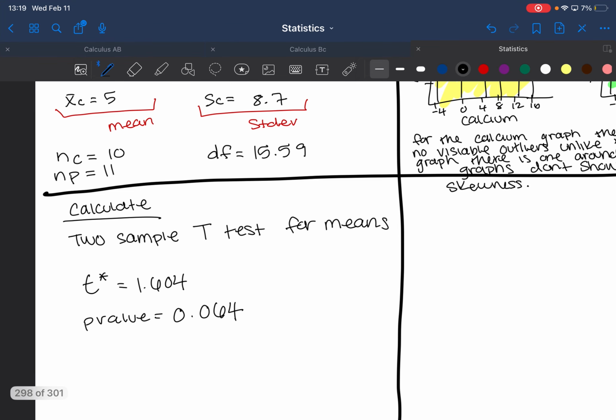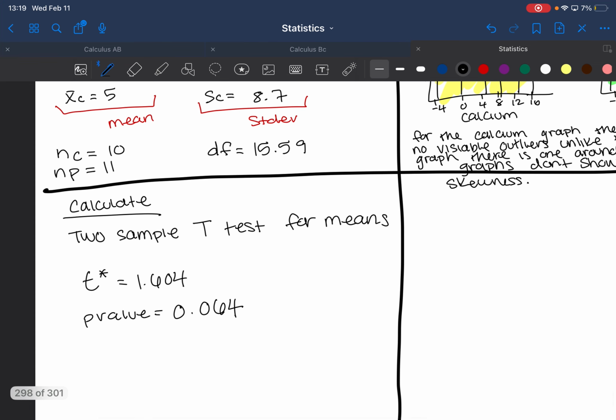Okay, and the very last question here told us to interpret the p-value in context. So remember, the p-value is the probability that something happens.